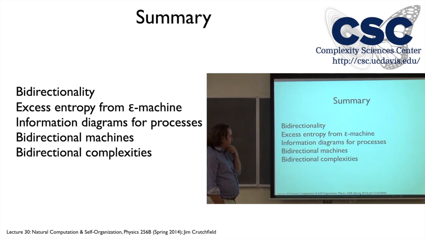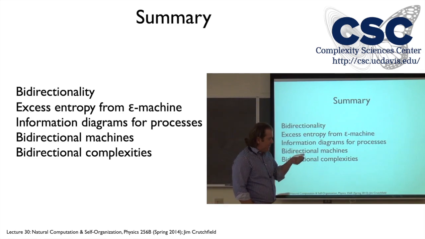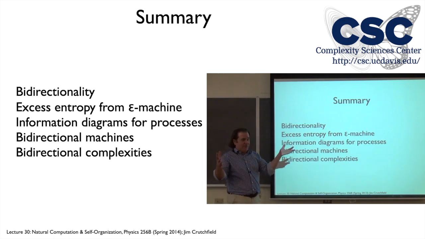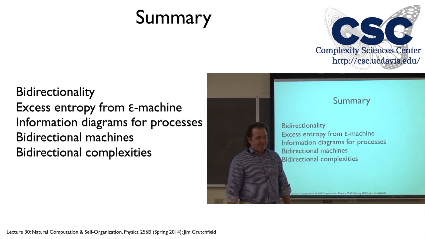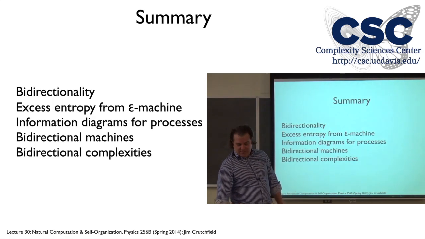There might be some calculational issues, like it would be nice if it was minimal and unifilar. But we end up with this time-agnostic picture of a process, pretty much the most complete presentation you can have of a process. It captures all of its properties, including the statistical irreversibility of a process. So that's it for today.